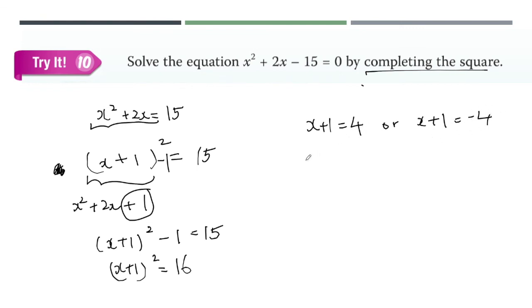So x equals 3, or x equals negative 5. A general guideline is whenever you solve a quadratic equation, most likely you will get two answers. So don't forget, there should always be an or, if done correctly.